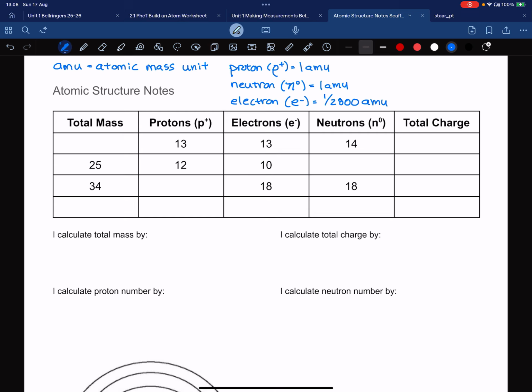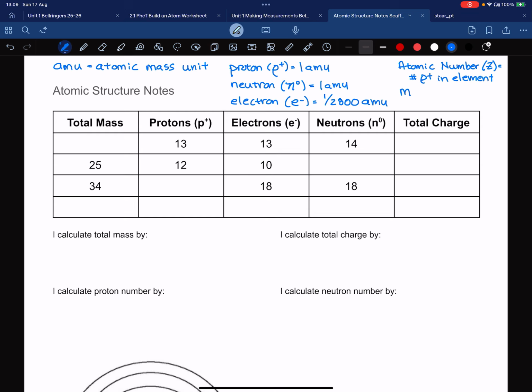So we have atomic number, which we will abbreviate with a Z, and that is the number of protons in an element.